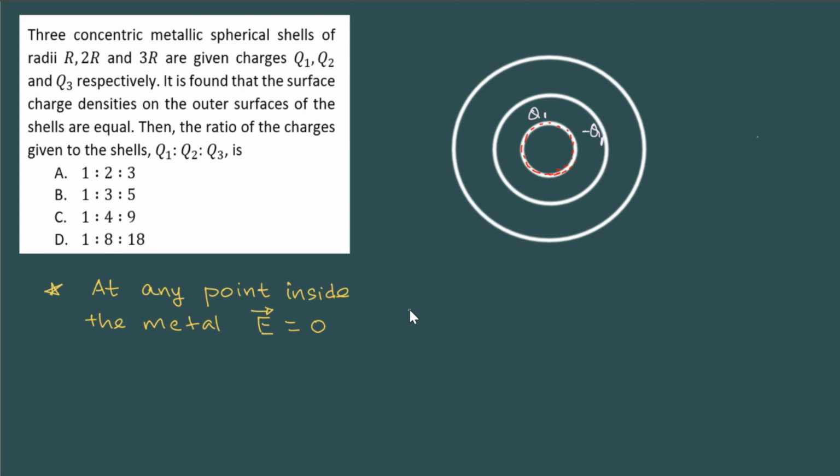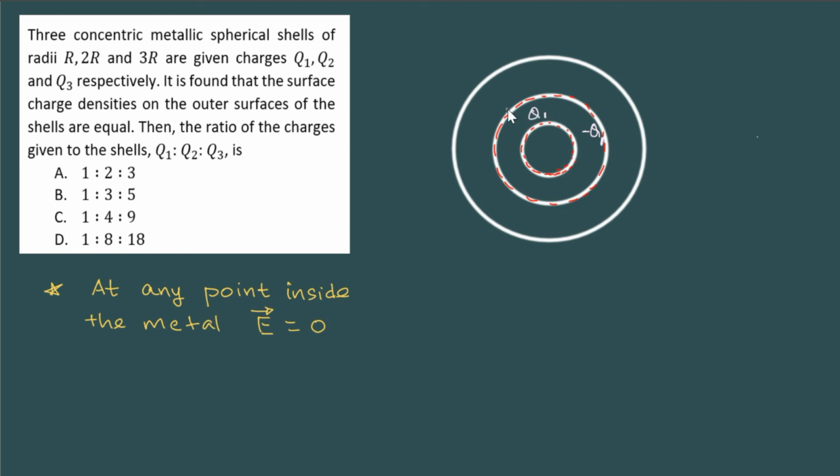Another way to think about it: imagine a Gaussian sphere inside the material of the middle shell.